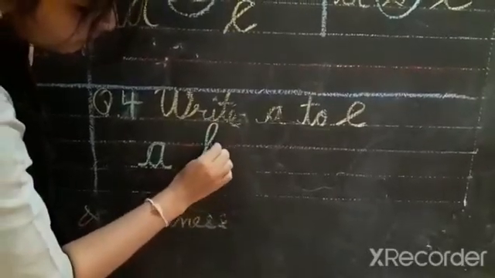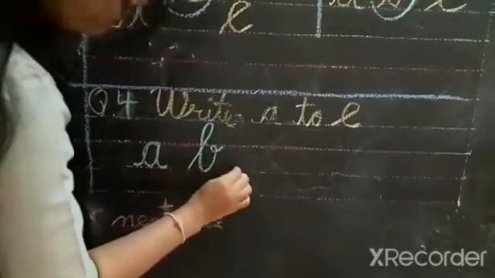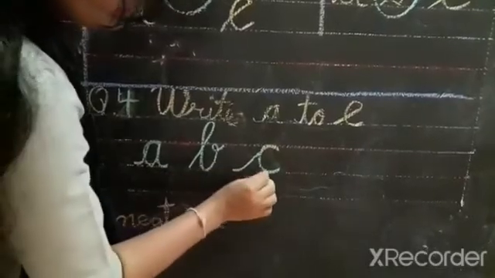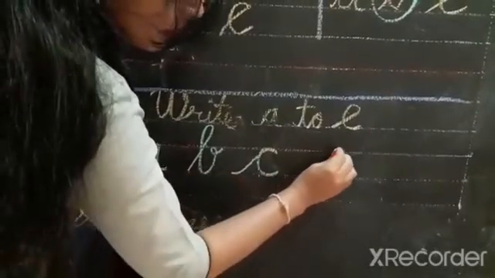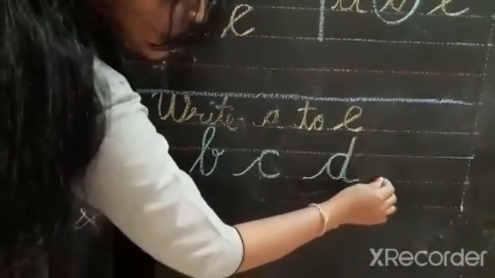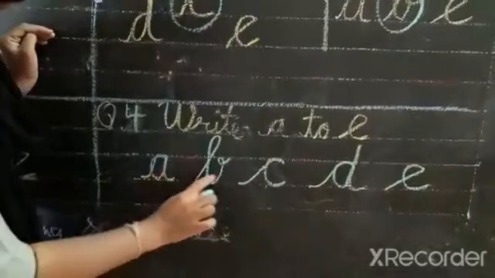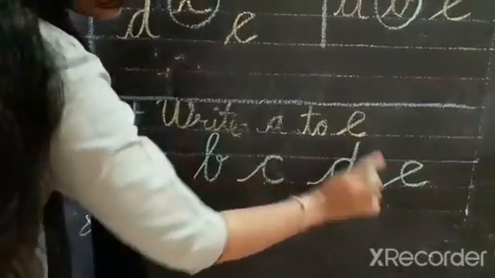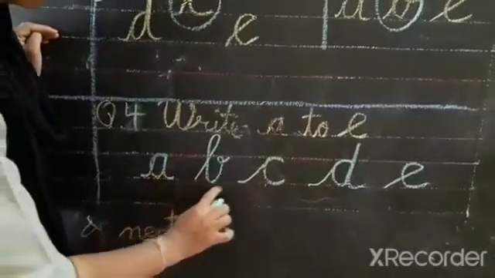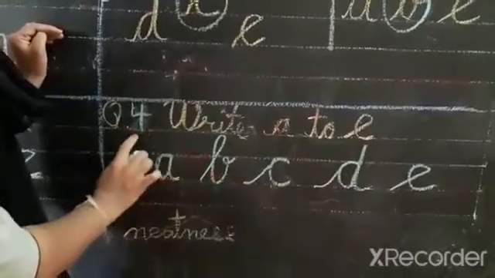B. A, B, then C. A, B, C, then D, then E. Understood? A to E, that means you have to write A, B, C, D, E. Our fourth question also over.